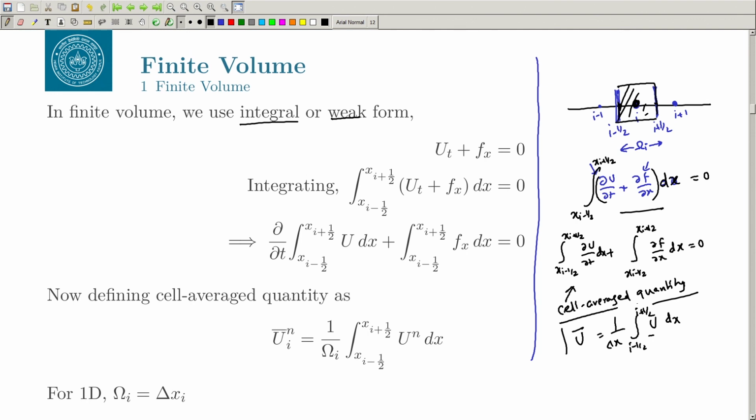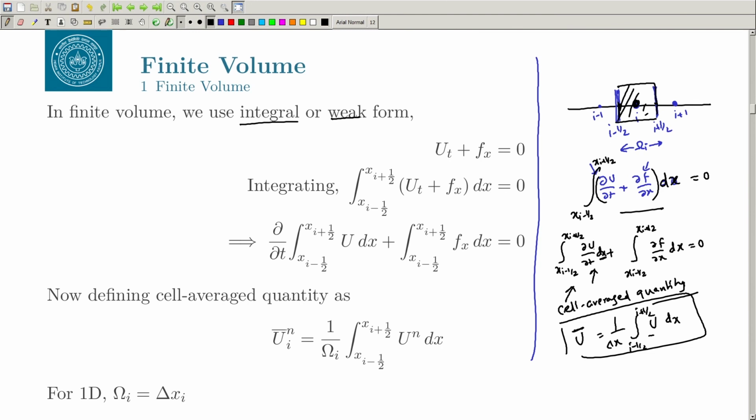So, if you replace this in the first term of this equation, you will see that the dependency on x goes away, because you are using a cell average quantity. Right now you have integration with respect to x, and then you have del u by del t.